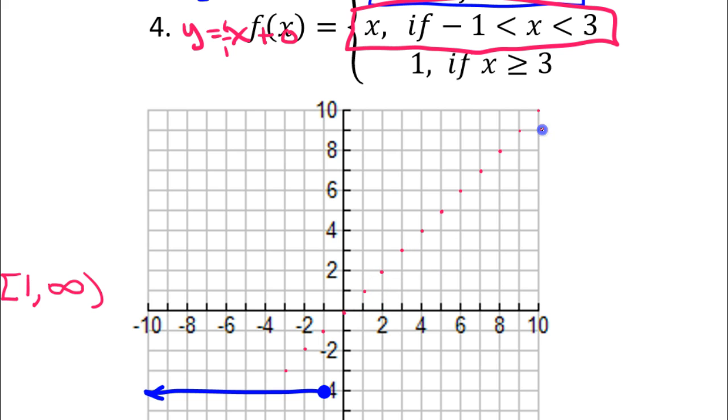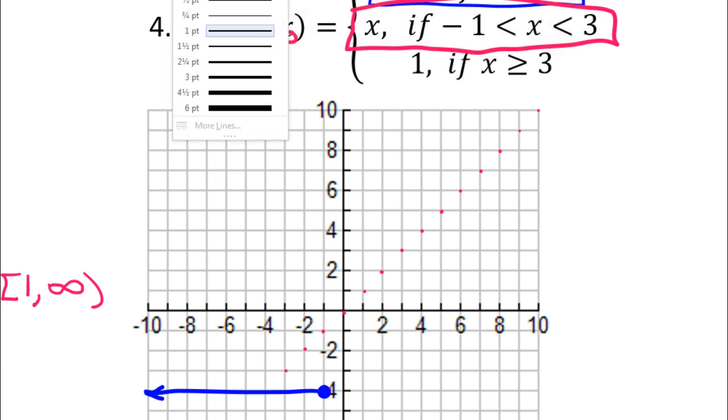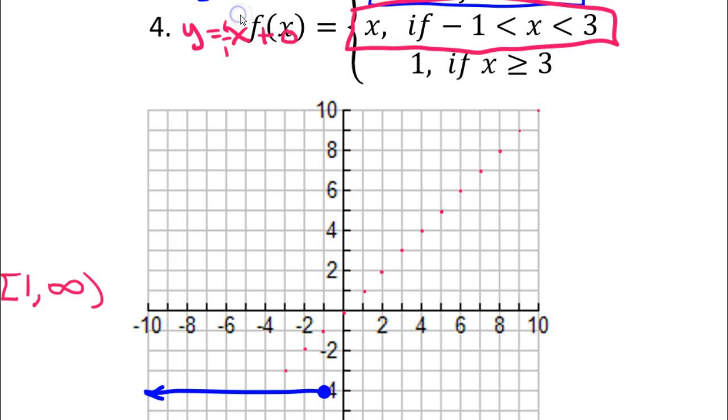So obviously I don't get to keep this entire line. I only get to keep the part that's between -1 and 3. So let me make those points a little bit bigger. Okay, and they will be open circles. So I'll put an open circle at -1 and 3. So here's the point that's at -1, and here's the point that's at 3.